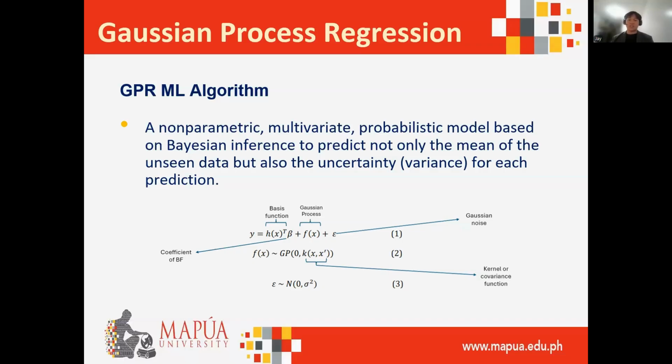What the basis function does is it transforms the input parameters to a higher dimension, wherein beta is the vector of basis function coefficients, and f of x is the zero mean Gaussian process with covariance kernel function k of x, x prime, given by equation number two. So epsilon follows a normal distribution as a function of mean and error variance, wherein mean is assumed to be zero, and this relationship is given by equation number three.